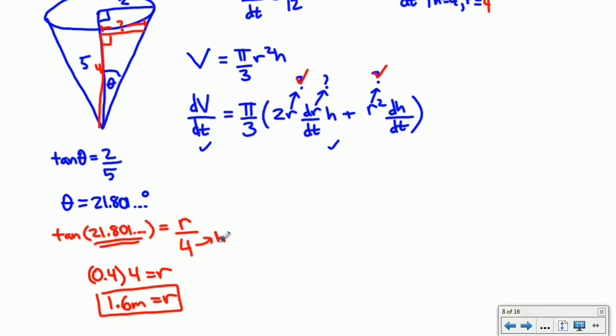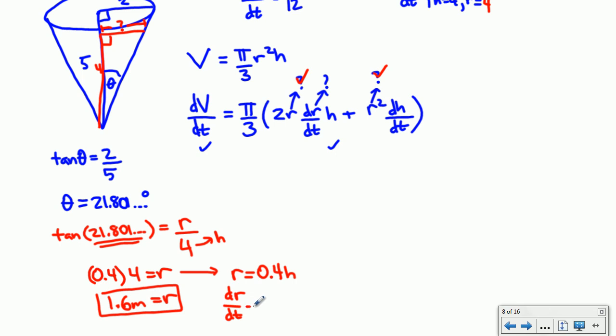This is the height. So it goes from 5 all the way down to 0. So the way that radius is related to height is this: r equals 0.4 times h. So we could figure out what dr/dt is in terms of dh/dt with this equation.